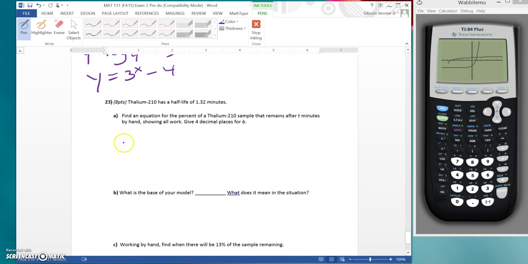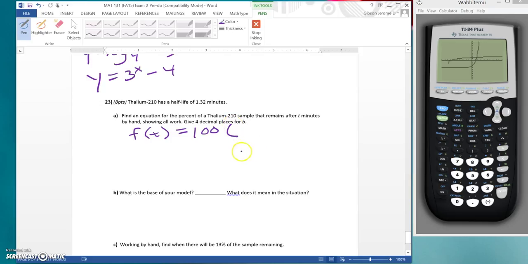Now with problem 23, it says thallium-210 has a half-life of 1.32 minutes. So now it says find an equation for the percent of thallium-210 sample that remains after t minutes by hand, showing all work. Give 4 decimal places for B. So we will have f of t is equal to 100, and then that will be multiplied.